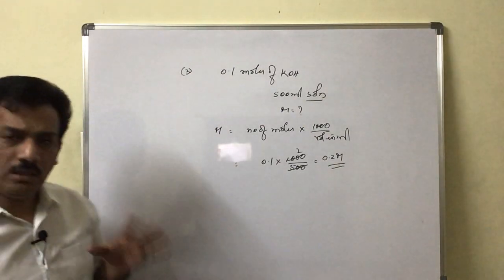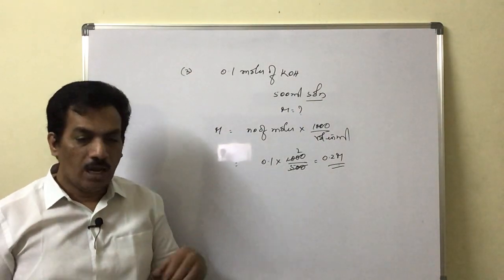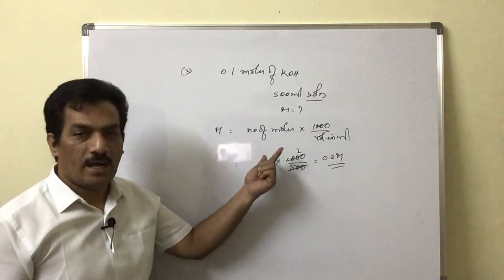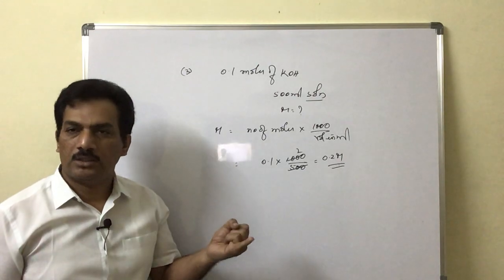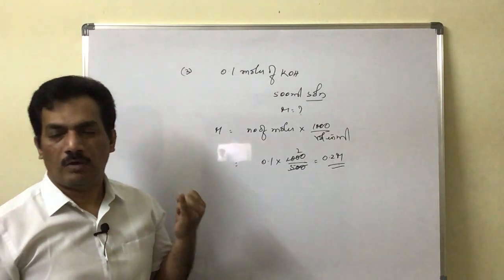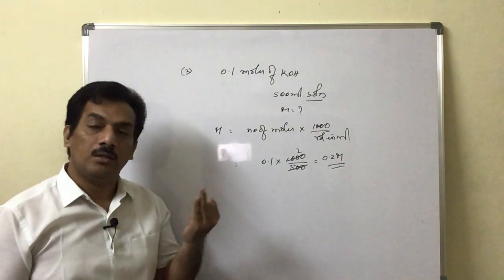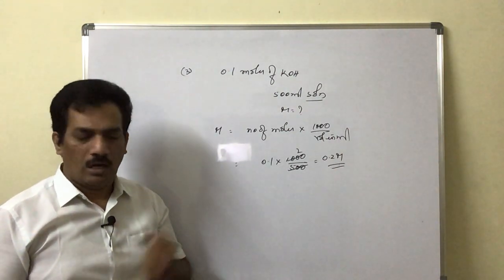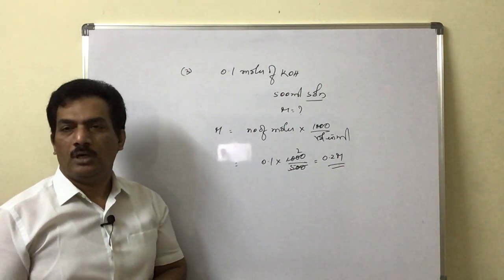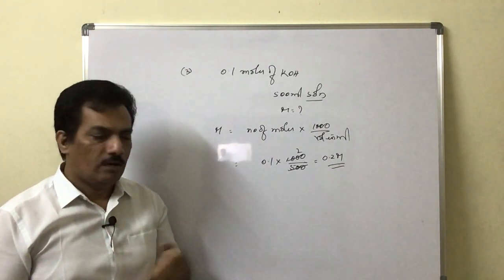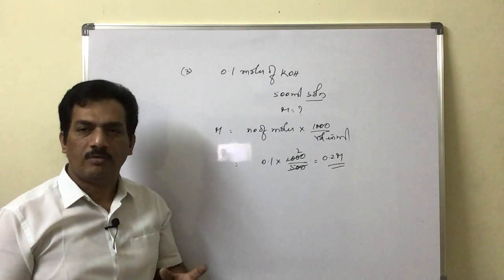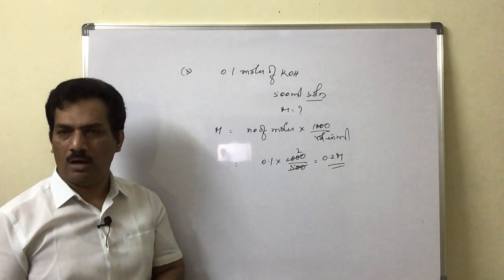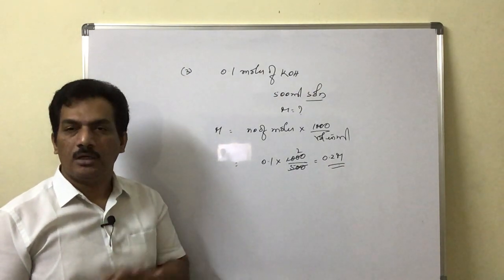Like that, depending on the data. That's why I provided all the formulae related to molarity. When they are giving the mass of the solute and the volume of solution in ml, or the mass of solute and the volume in liters, or the number of moles of solute and the volume in ml, or weight volume percent and density, you can directly apply the formula once you have a grip on it.